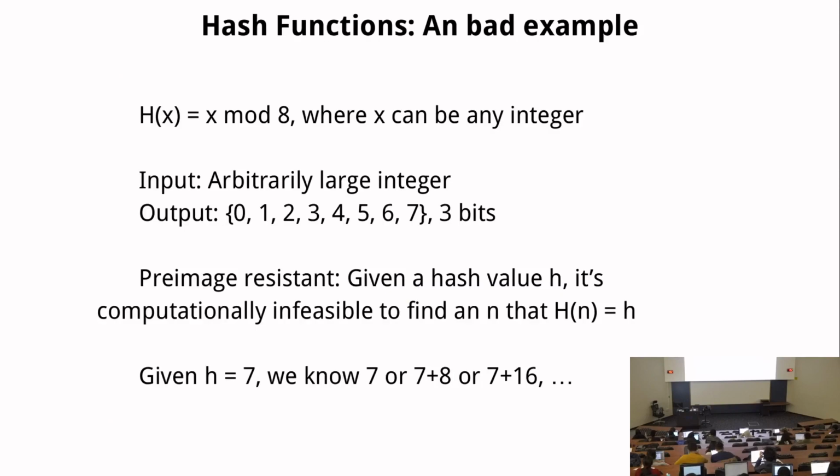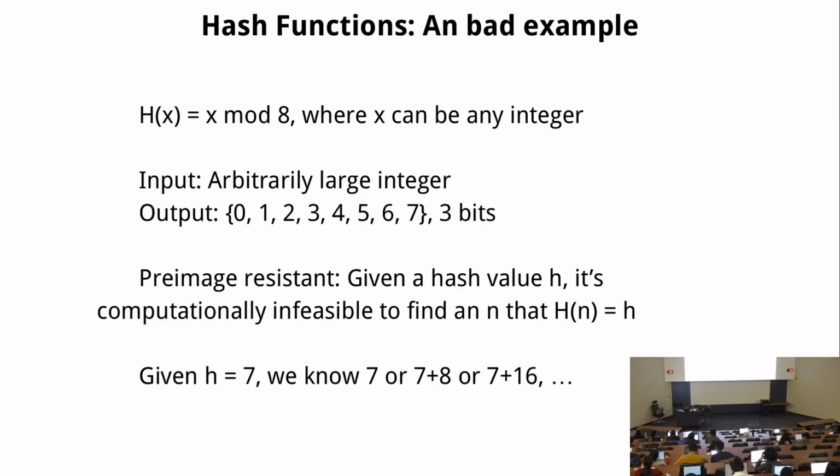Like I said, I'm not a cryptographer, so I don't know how to design good hash functions. But I can give you a bad hash function here. This can be a hash function we use in our hash tables. It's still useful, but it's not used for crypto. It's not a crypto hash function. The hash function I'm giving you is very simple.